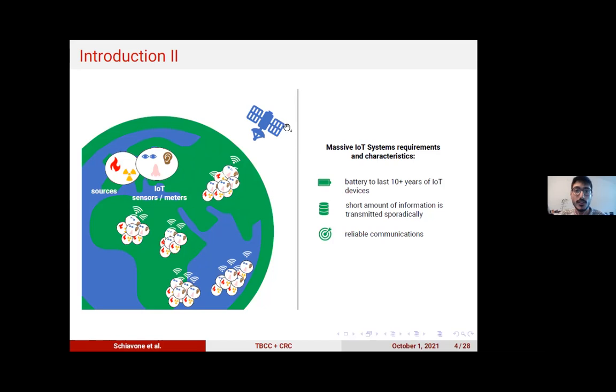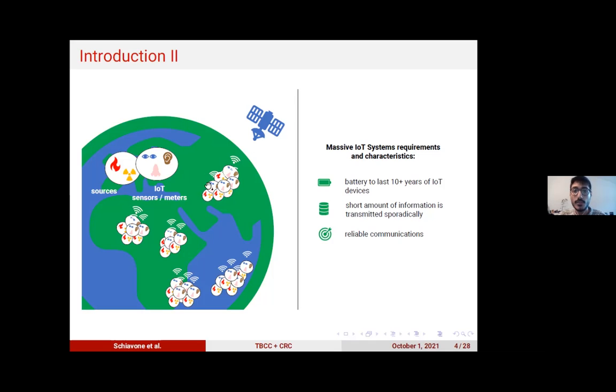For instance, in a satellite network that can cover a gigantic area, it means millions, billions of devices that communicate and send their data to this satellite. But there are constraints on these devices because their battery has to last 10 or even more years, because these devices are placed in remote areas or areas which are difficult to access. So we don't want to replace their battery continuously.